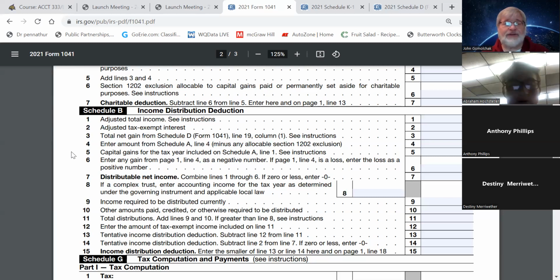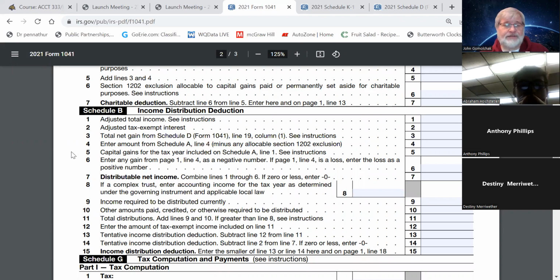Line 11, total distributions, add lines 9 and 10. So if we add lines 9 and 10, we're only going to have a number on one of those lines probably. So it's going to be carry line 9 down or carry line 10 down, depending on whether we're a simple trust or a complex trust. So we're going to have the amount of money that we distributed, either the full amount of income because we're a simple trust, or the physical amount that we distributed because we're a complex trust.